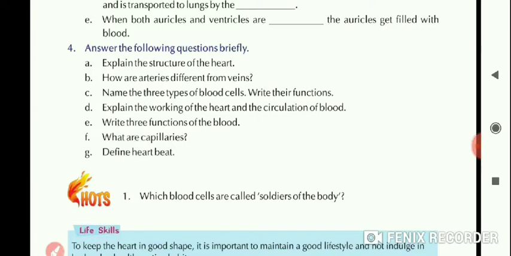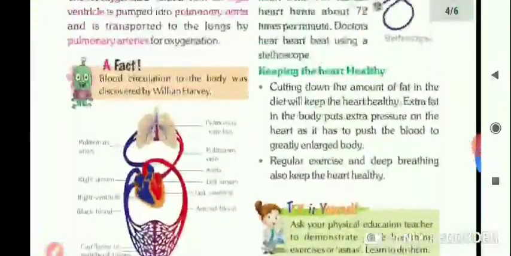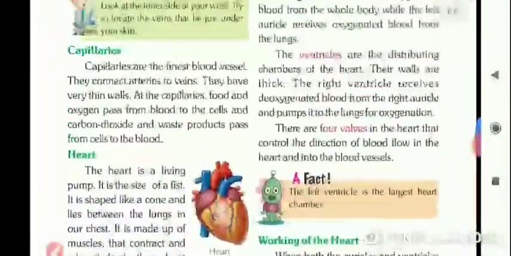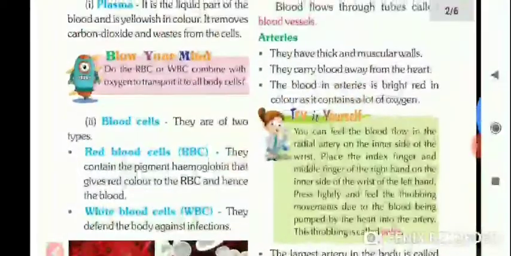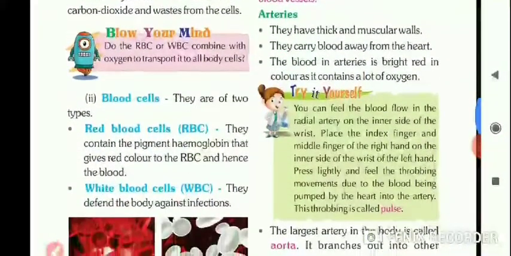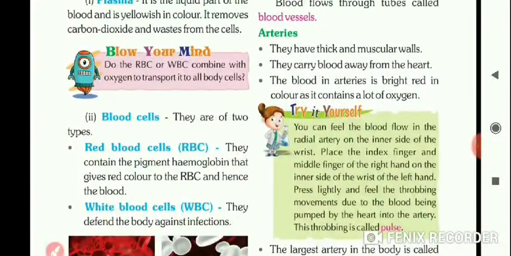How are arteries different from veins? Then you will write down question B and then for its answer come to page number 8. See, here arteries is given and you have to give the difference between arteries and veins.